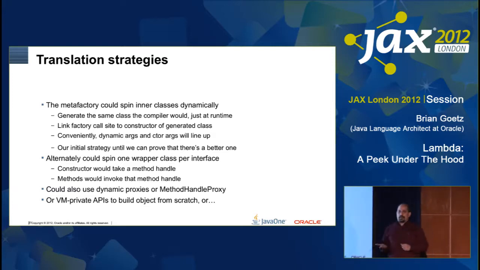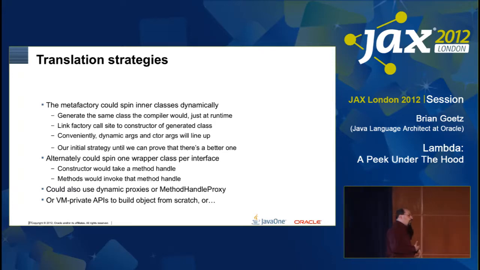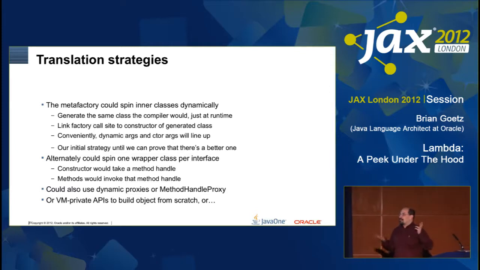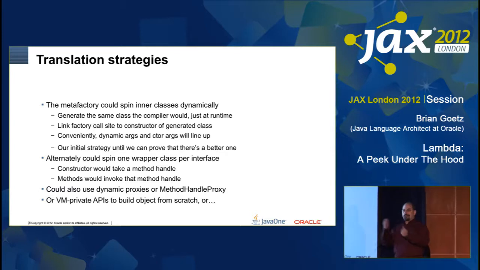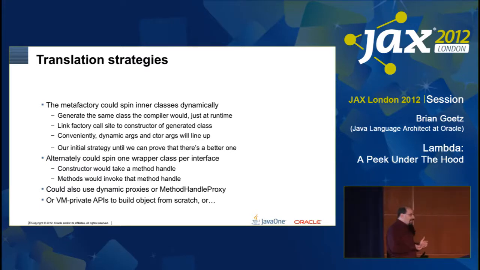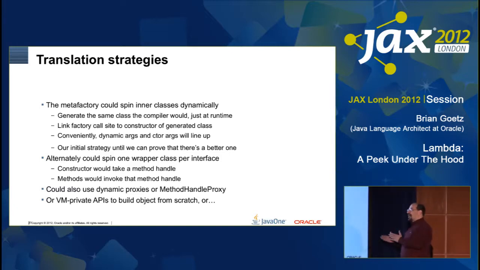Another strategy we could pursue is to spin one class per functional interface, Runnable$Wrapper, Callable$Wrapper. The constructor for that would take a method handle, and their methods would invoke that method handle. And that's also a perfectly reasonable strategy. It would result in fewer classes. We will probably get there. We're not there yet. There's also lots of other things we could do.